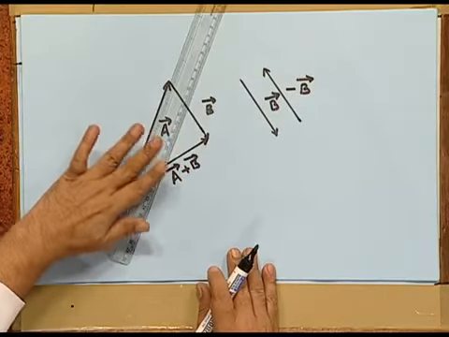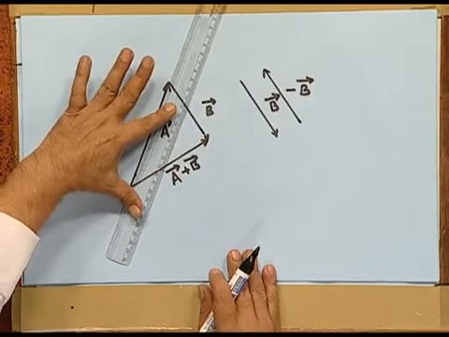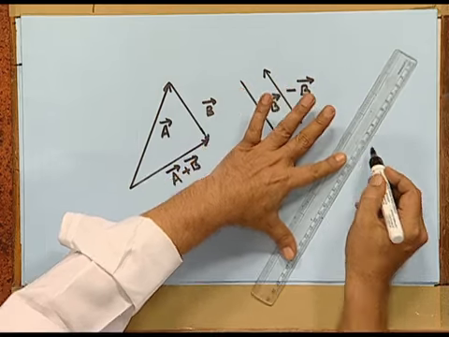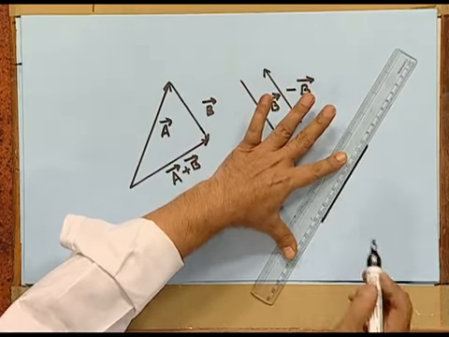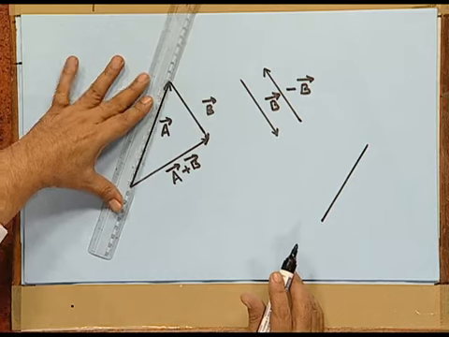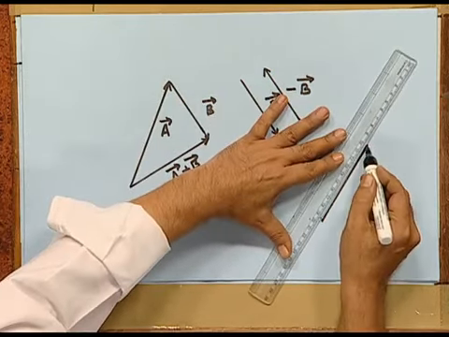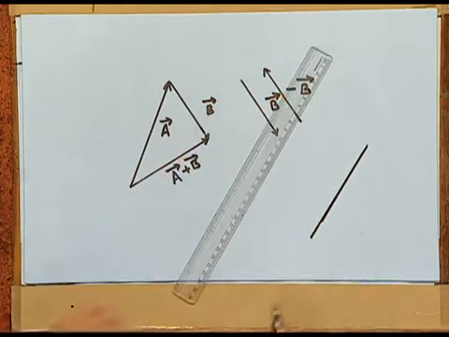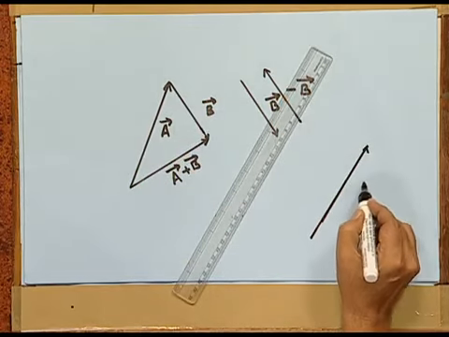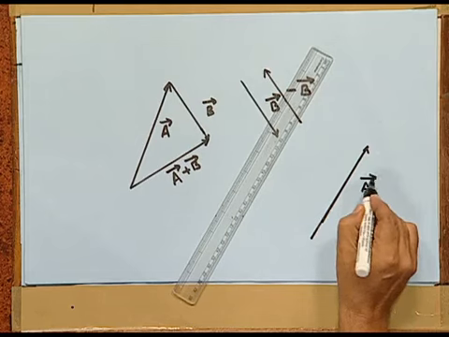First, transfer vector A, let us say, at any point. The length should be the same, ensure that the length is the same. It should be in the same direction and it should have the same magnitude. This is vector A. You have to add minus B to it, ensure that the tail of this vector minus B is at the head of vector A. What we do is draw parallel at this point and have the same magnitude.